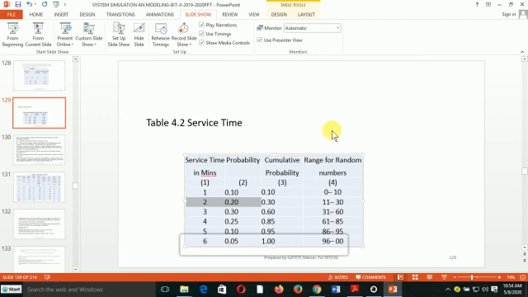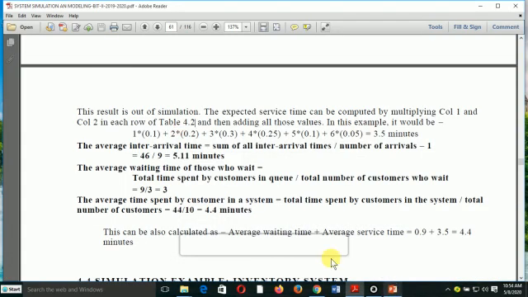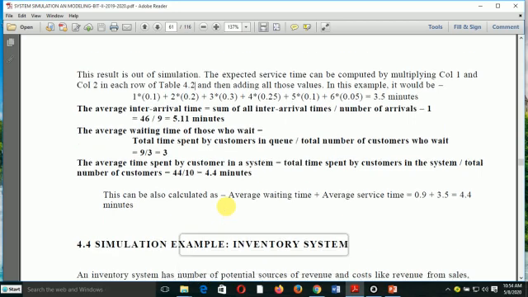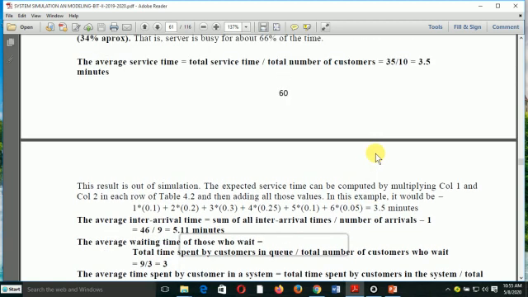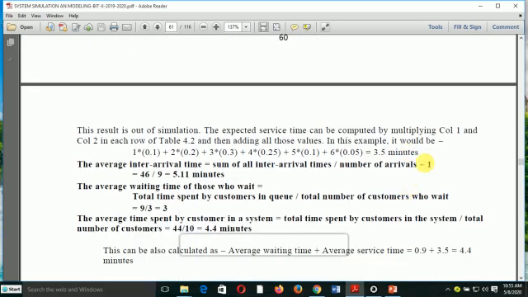So we get the same result. It means that we take 1, multiply by 0.1, and so on till the last one. So we get the same result here, 3.5.